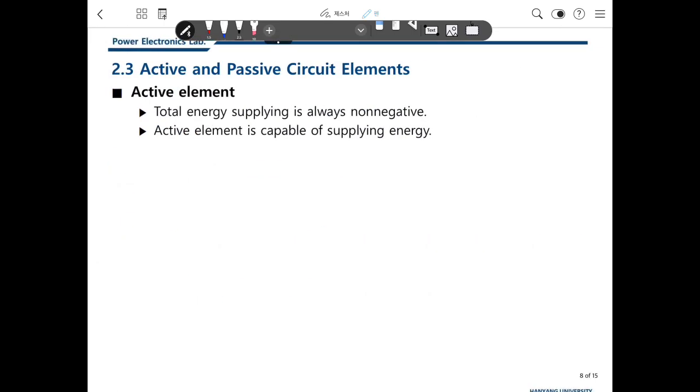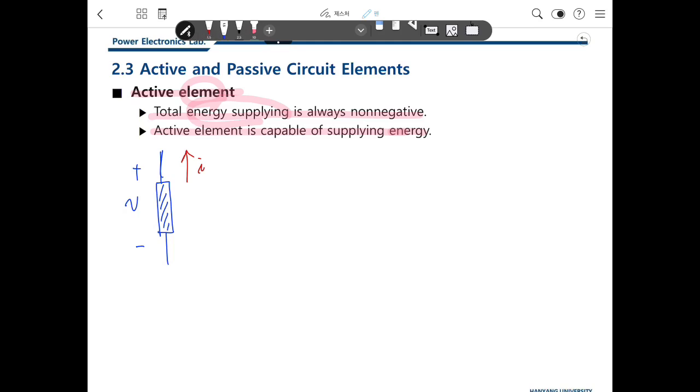The second thing is the active element. For the active element, the total energy supplied is always negative. That means energy is supplied from the active element to the rest of the elements in the circuit. The active element is capable of supplying energy. So when we draw an active element here, I don't know what it is, but this is an active element. Then we define the voltage here. Then we draw the direction of the current in this way.